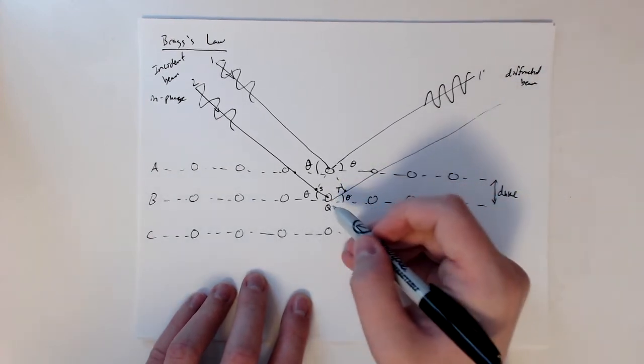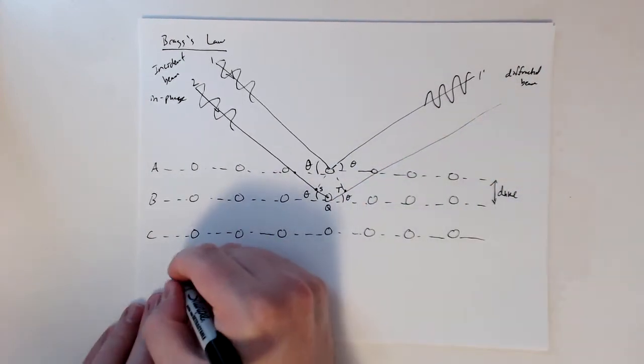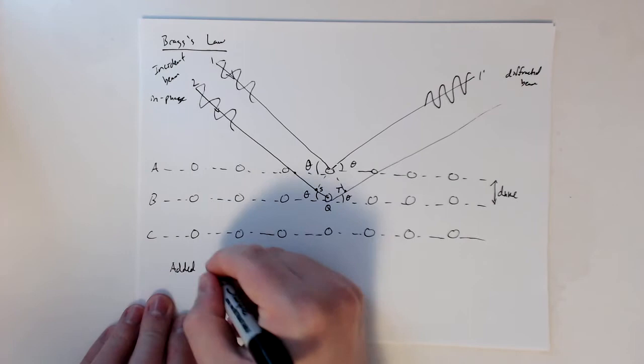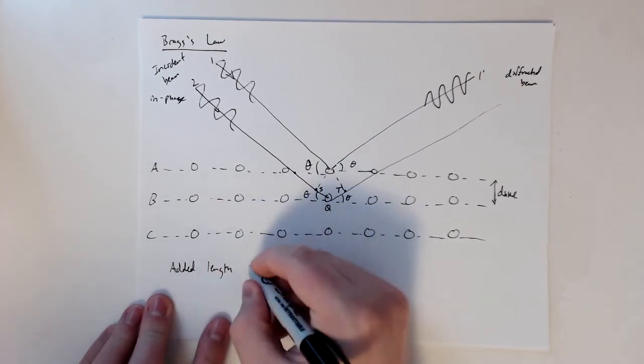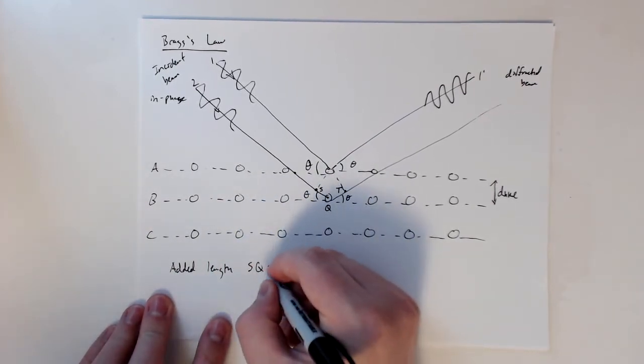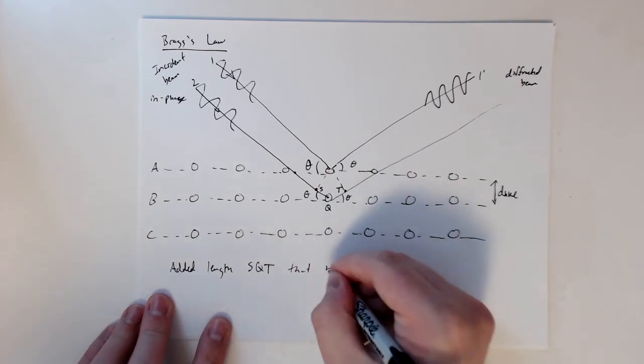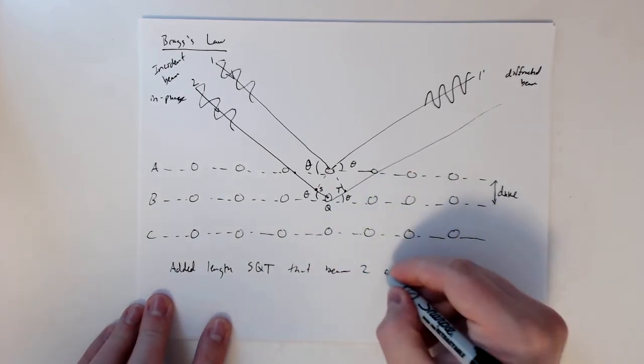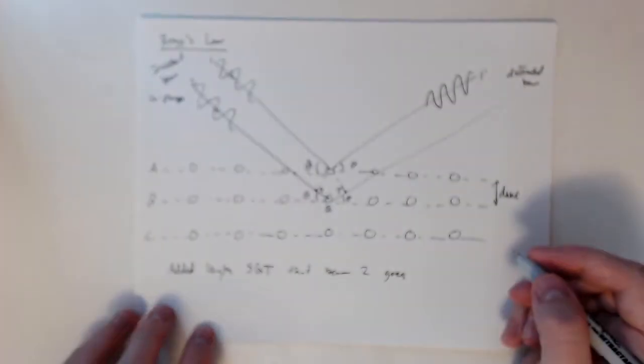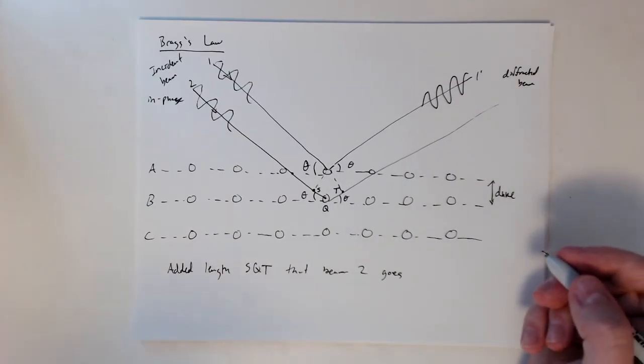So basically, we have an added length SQT that beam 2 goes. That's going to be important.